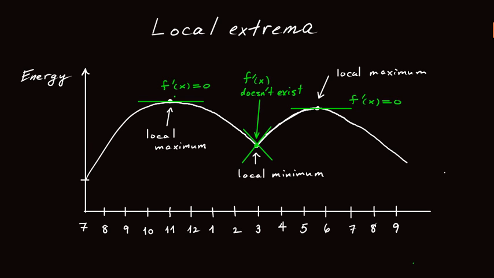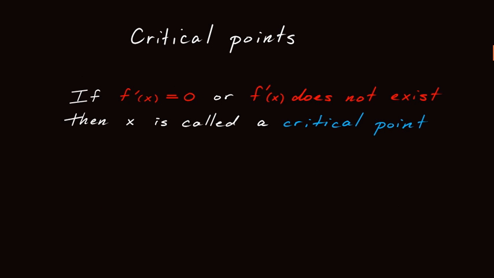Okay, in any case, all 3 of these points are very important, and we have a word for them. It's critical point. So what's a critical point? Well, if f prime of x is equal to 0, so the slope is equal to 0, or the derivative does not exist, then x is called a critical point.